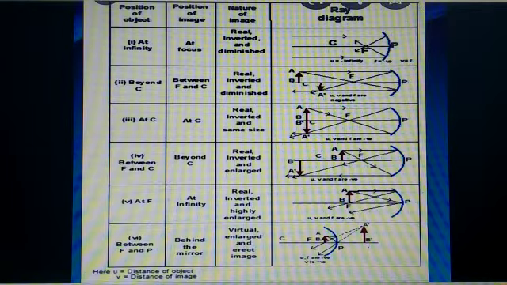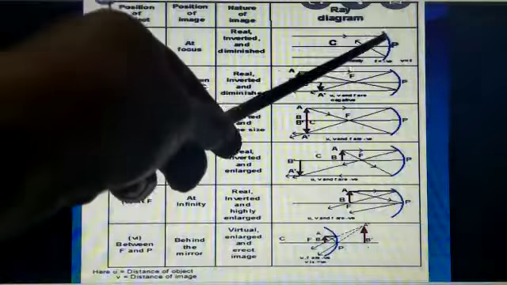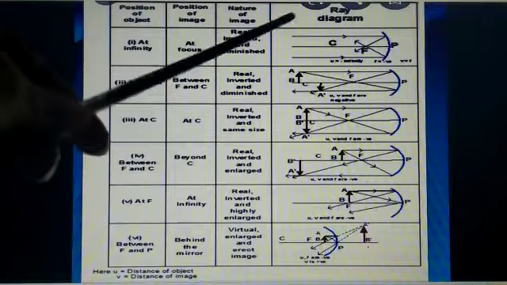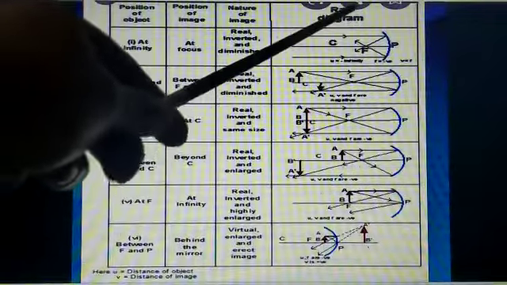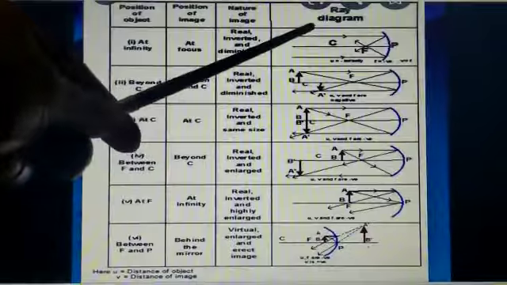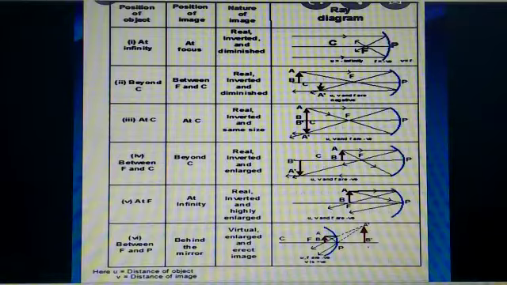And for the image formed by a spherical mirror, we can consider any two light rays. Using those two light rays, we can find the position of the image formed by the spherical mirror. So first, the position of the object.